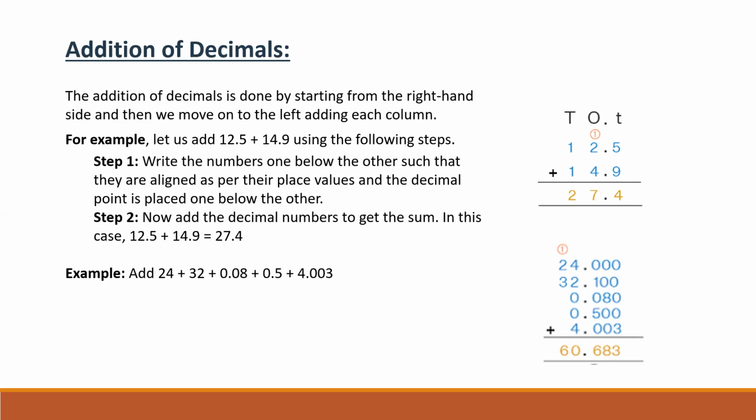Step 2, now add the decimal numbers to get the sum. In this case, 12.5 plus 14.9 gives you the answer 27.4. So we understand very well that the point should be aligned in one line. You start adding from the right hand side and move to the left hand side.